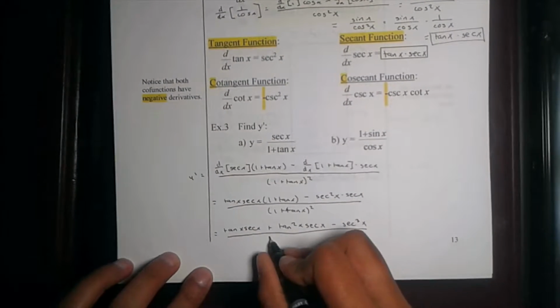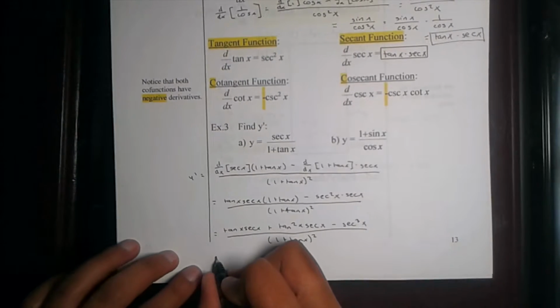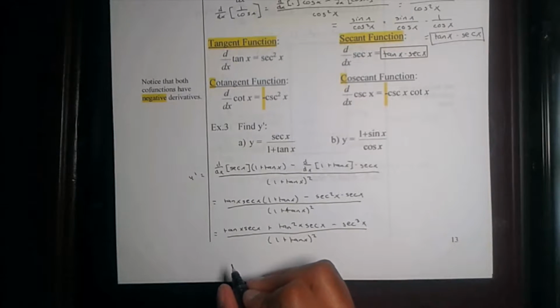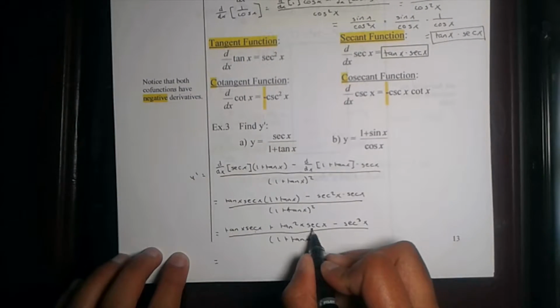Still all over 1 plus tangent x squared. So the next thing you can do after this is factor out a secant. As you can see, all of them have a secant.